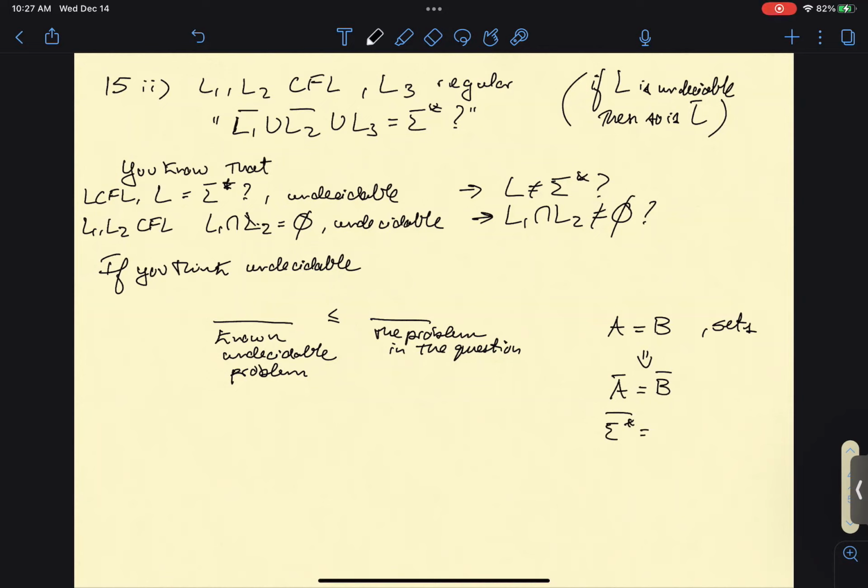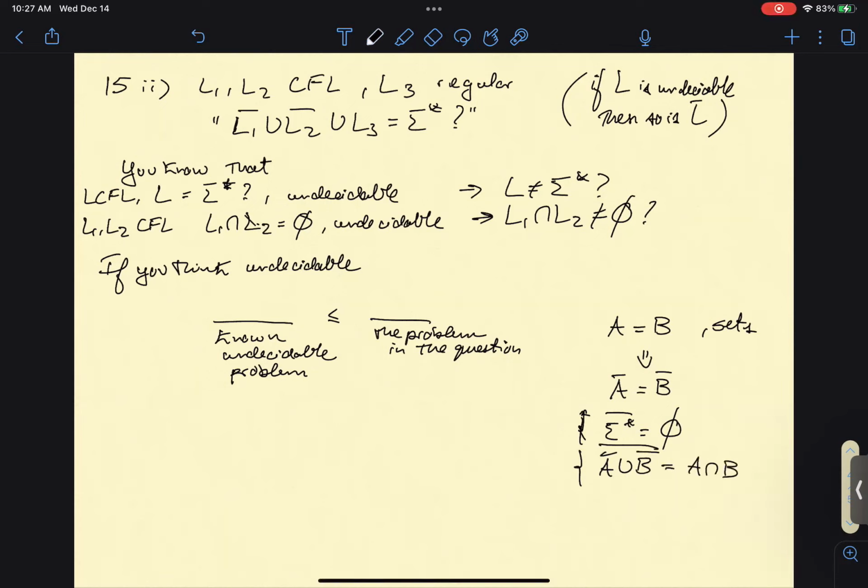Very good. So that's the intuition, because this I know from set theory, and then I also know that this is equal to this, right?